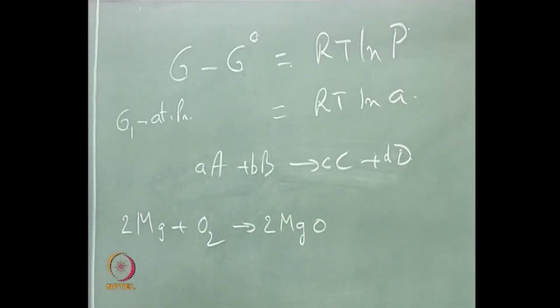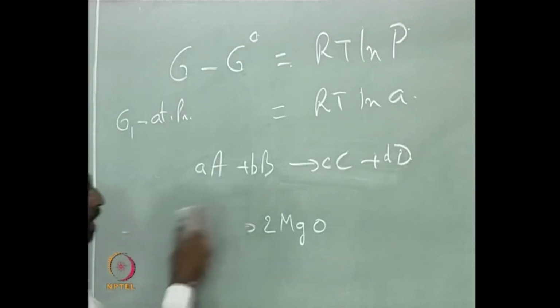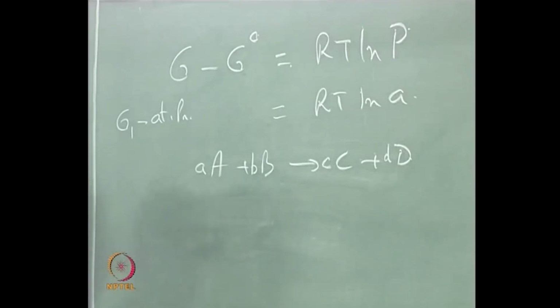When I say small a, b, c, d, they refer to those moles. If that is the case, then the free energy change for such a reaction is nothing but the free energy of the products minus the free energy of the reactants. Am I right?